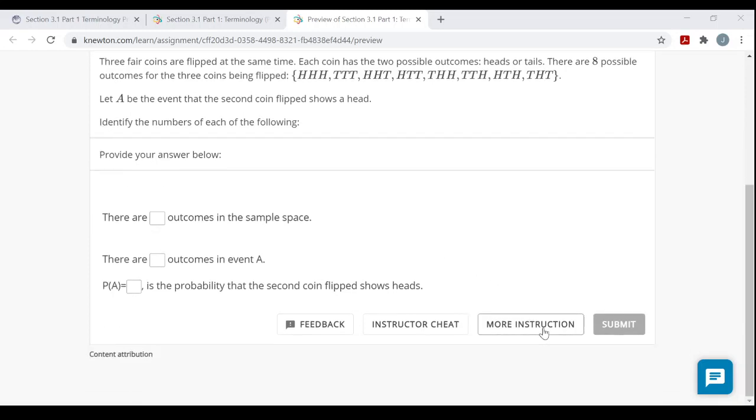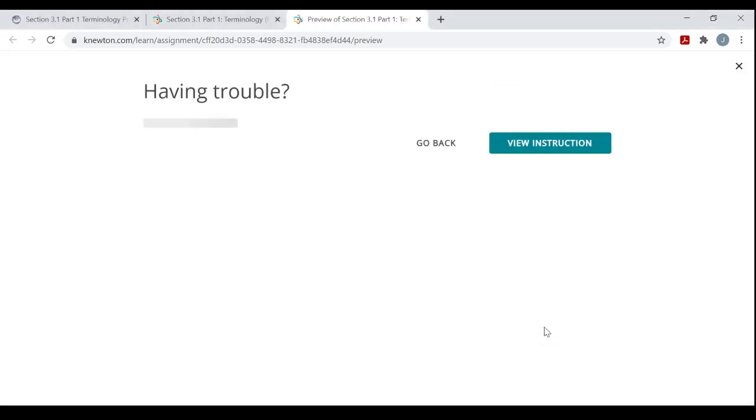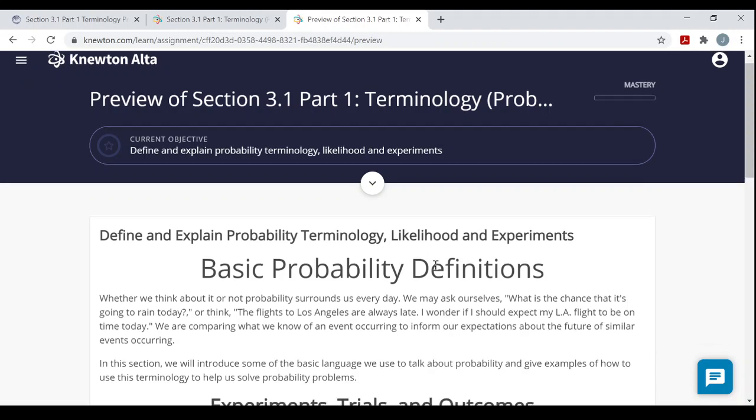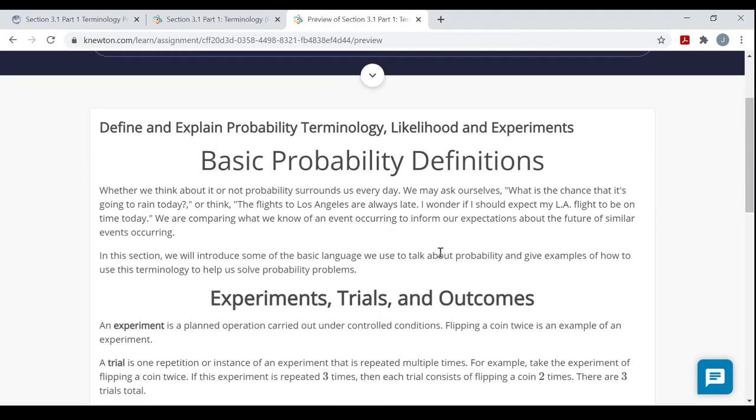But if you're still uncomfortable, I'd say click on More Instruction every time you see an objective for the first time. So I'm going to do that. More Instruction, View Instruction.